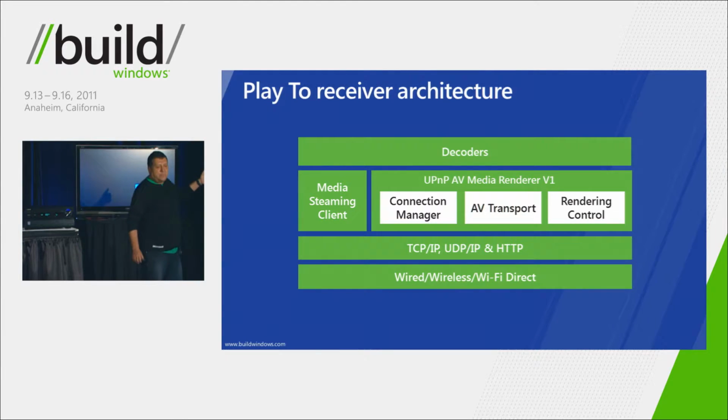One is the connection manager service, the other one is the AV transport service, and the other one is the rendering control service. If you want to implement those services, you go to the UPnP website, you look for the AV media renderer specification, and you find the specification for connection manager, for AV transport, and for rendering control.